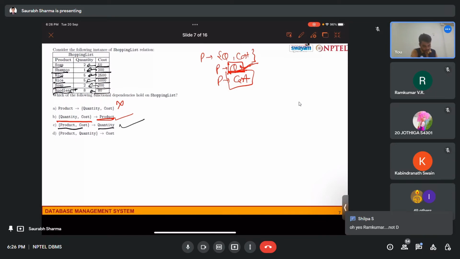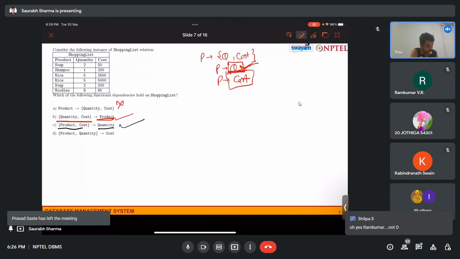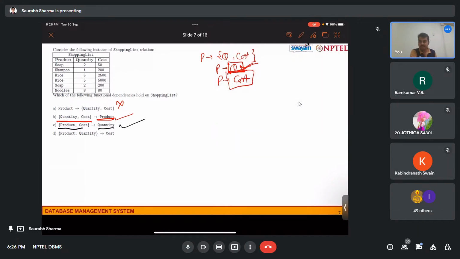Next, product and quantity. Just search for the unique values or the keys. If the left hand side is a candidate key, then we can infer easily.